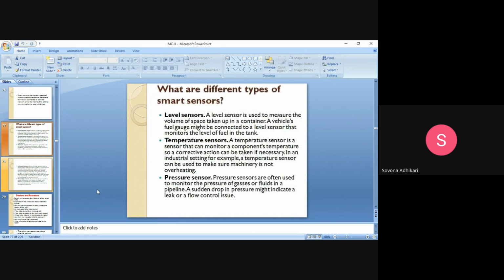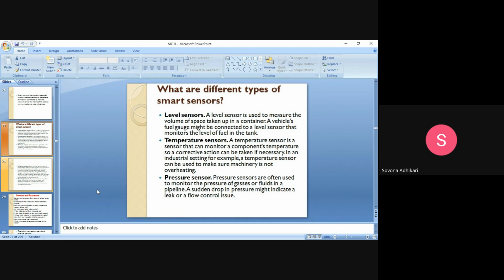Let us see some examples. Level sensors: water in a tank, fuel in a fuel gauge. A level sensor is used to measure the volume of the space taken up in a container. A vehicle's gauge might be connected to a level sensor that monitors the level of the fuel in the tank.